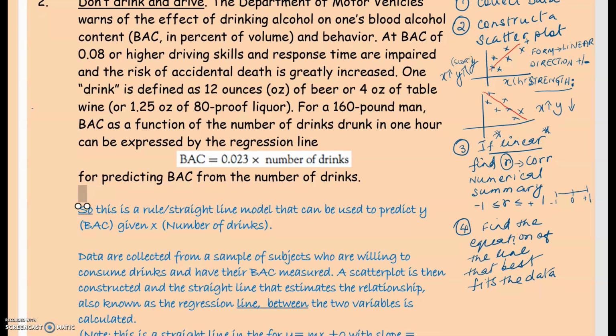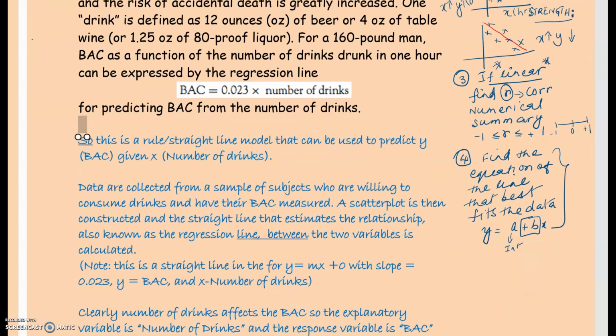Just use software or use your calculator to figure out the equation of the line, and that will be in the form y equals a plus bx. And we've seen that b is the slope, a is the intercept. It doesn't matter what letters we use to denote the slope and the intercept, but it's in the form y equals mx plus b. So in chapter 4, we are looking at the regression equation, y equals mx plus b.